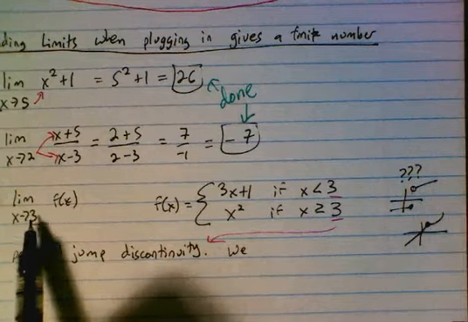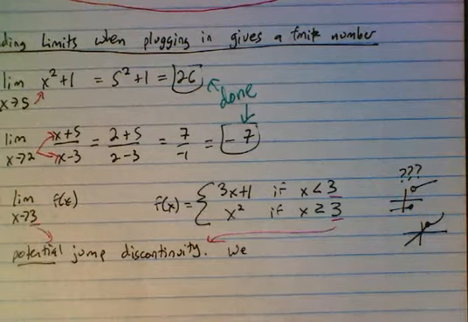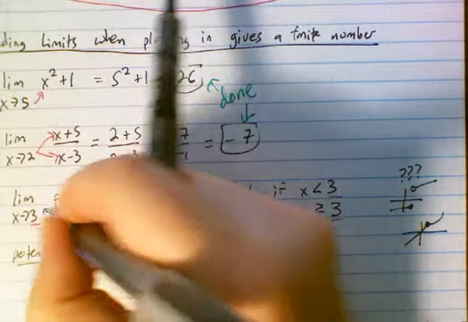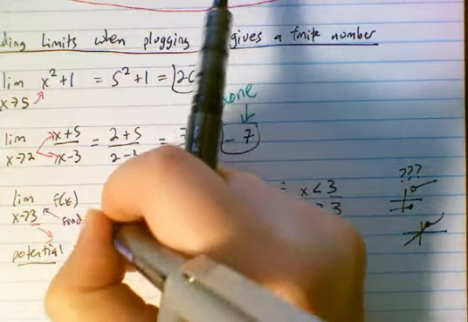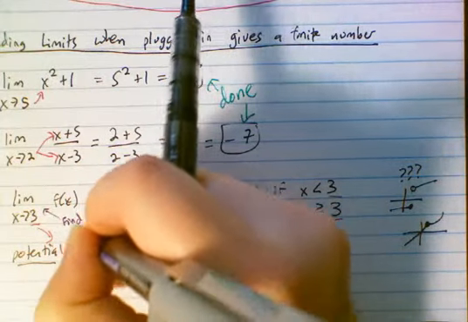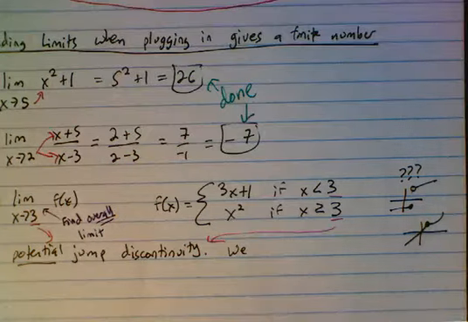So if we want to find the overall limit of this one right here, I'm just going to point out, find overall limit. Then we need to find the left limit and the right limit and put them together.